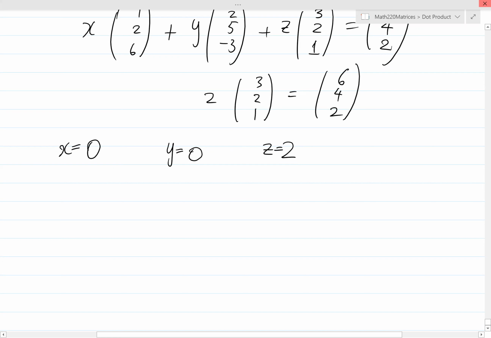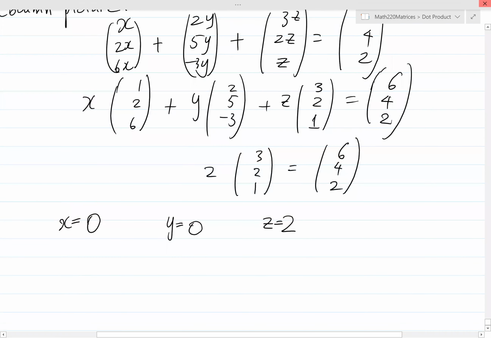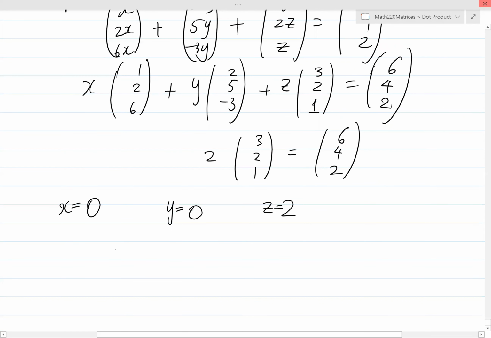Of course, you can write it as a matrix. It will look like this: the first column is 1, 2, 6, the second column, corresponding to the y part, is 2, 5, negative 3, and the third column is 3, 2, 1.